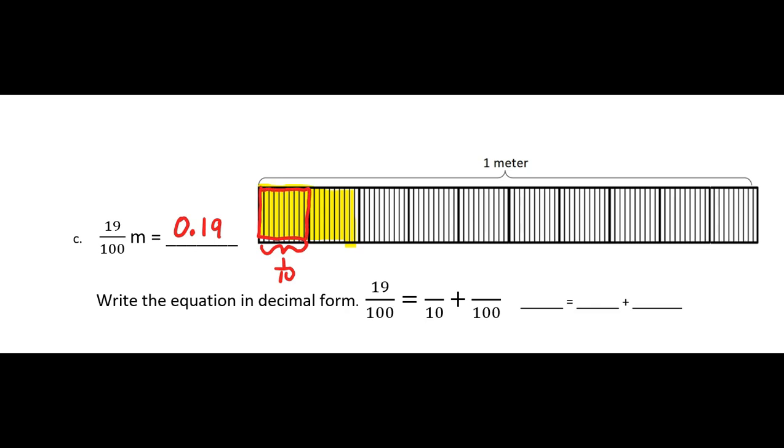So 19/100ths can also be considered as 1/10 and 9/100ths. Here's my 1/10, and here's my extra 9/100ths. And again, as a decimal, we would say that 19/100ths is the same thing as 1/10 plus 9/100ths.